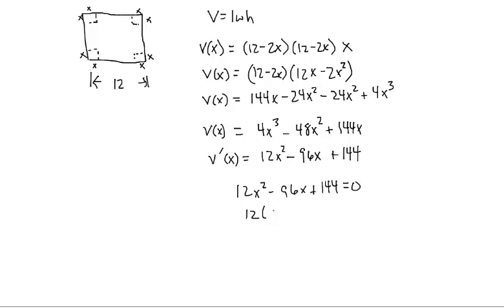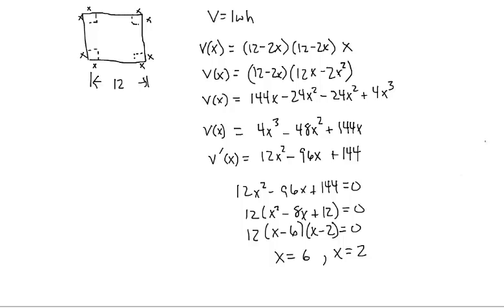So 12 times x squared minus 8x plus 12 is equal to 0. And now I'm going to write it in linear factors. So I have x minus 6 and x minus 2 is equal to 0. So this shows us that we have a relative maxima or minima at 6 and a relative maxima or minima at 2. And now we need to figure out which one maximizes this box.